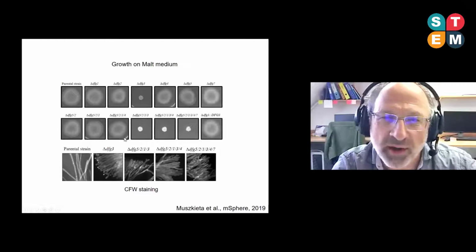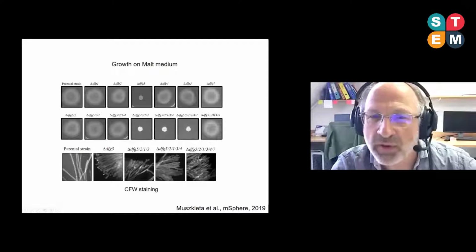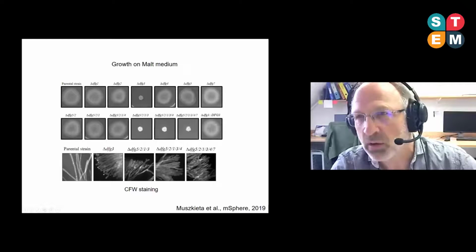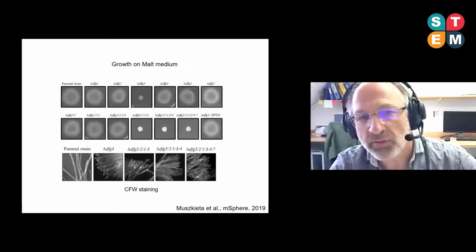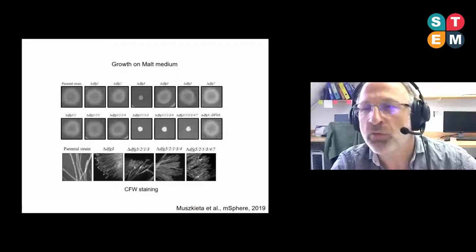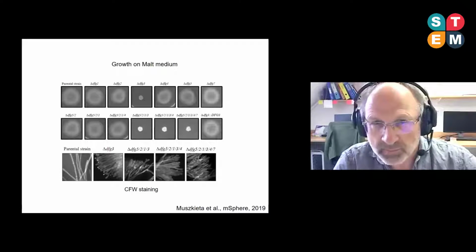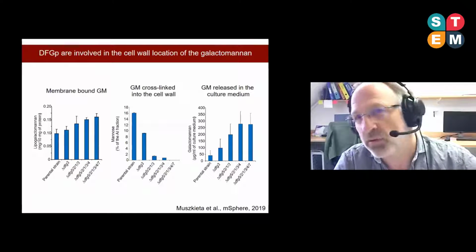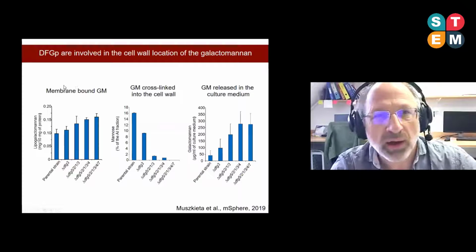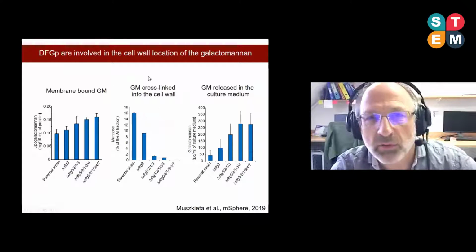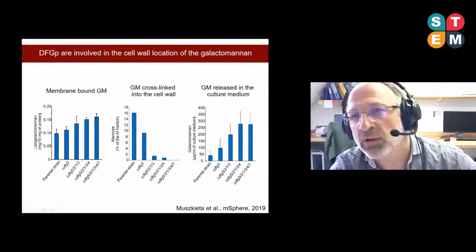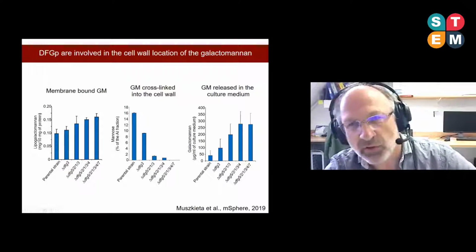This growth defect is associated with hyperbranching of the hyphae, similarly to what we observe with Aktr4 and Aktr7. For the localization of the Galactomannan, we looked at the Galactomannan linked to the membrane, to the cell wall, and also the Galactomannan released in the culture medium.